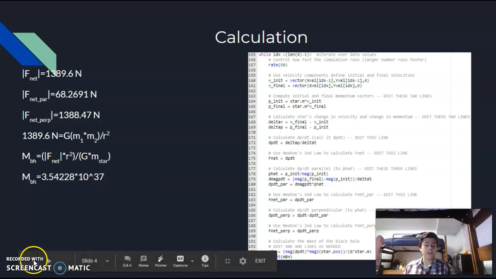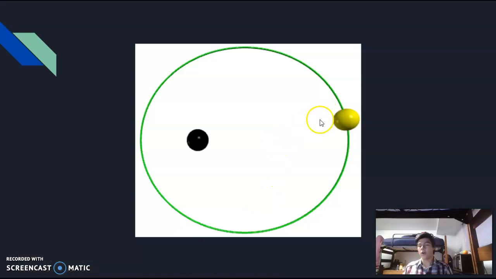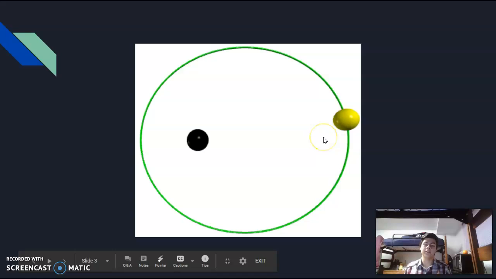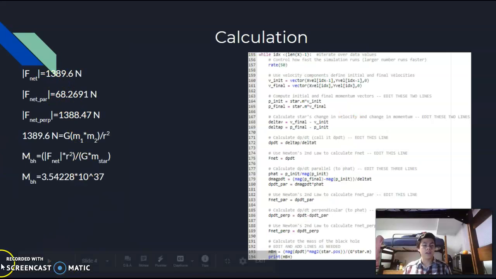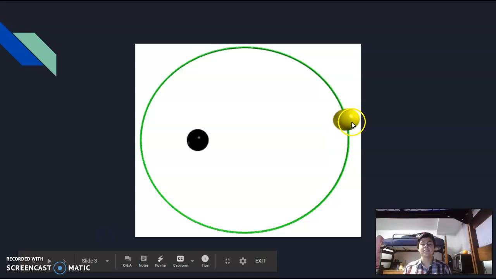This is actually a very interesting path. I'll go back to this picture while I talk about the differences between the Fnets, because it shows a path. As we can see, and as we are given here, our Fnet perpendicular is significantly greater than our Fnet parallel, which makes sense because it's an elliptical shape.